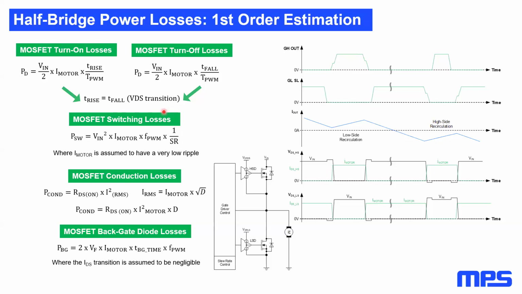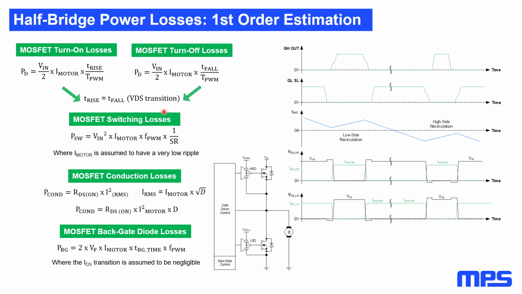That means that when you turn on the low side, the current has to shift from the body diode to the channel. Once the current has shifted to the channel, the low side will fully enhance, but its VDS voltage is already very close to RDS on times the current.